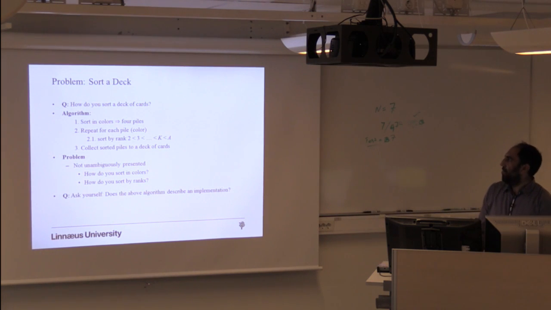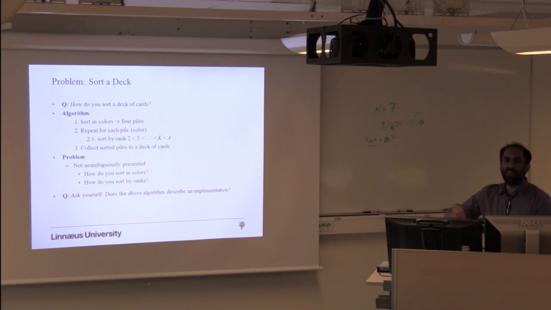However, if you look at this algorithm, is it precise? Is it ambiguous or not? Any idea? The problem with this algorithm is that it doesn't have a concrete description of steps. It's more like an outline.